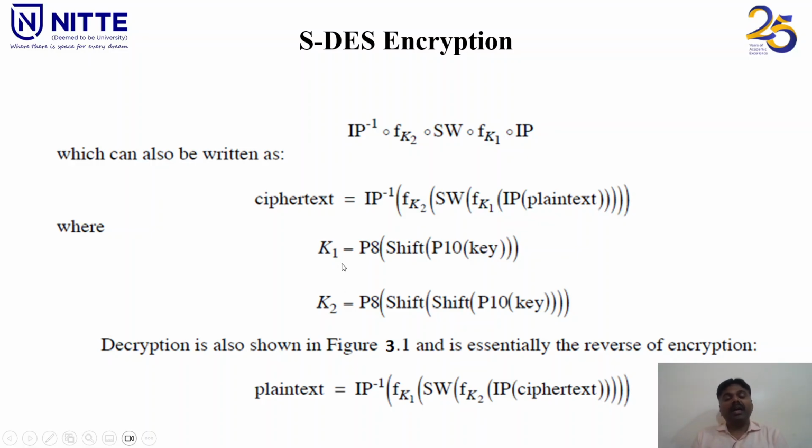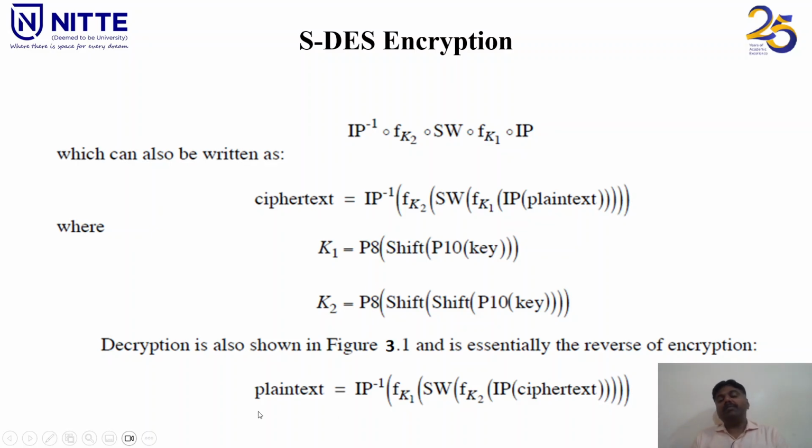When we go for deriving the k1, whatever the 10-bit key is, first I'll perform the left shift by 1 bit. From that set of 10 bits, I'm selecting 8 bits by making use of permutation. Then for the second key, I derive the output from the k1. I'll perform one more time the left shift operation by 1 bit, and from that I'll permute 8 bits.